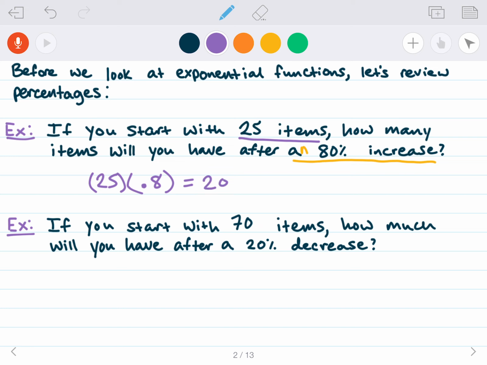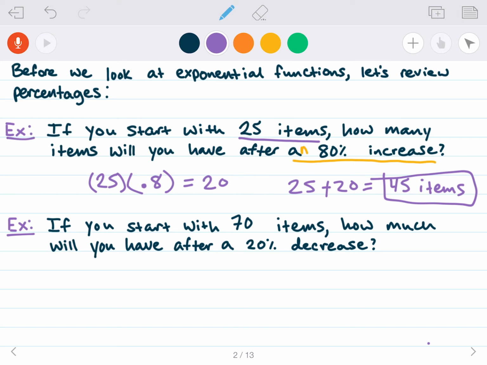So then we have to take away 20, because 80% of 25 is 20. 25 minus 20 equals 5 items. Oh, actually I was supposed to add. This was an increase, so let's change that to a plus sign. So we're going to have 45 items after an 80% increase. If it was an 80% decrease, we would have 5.